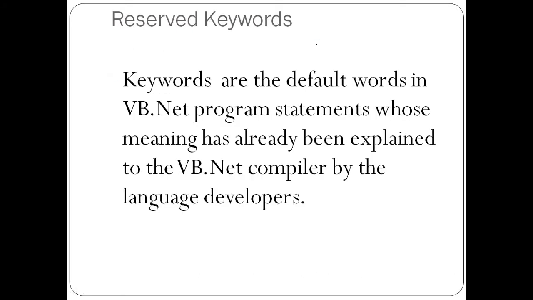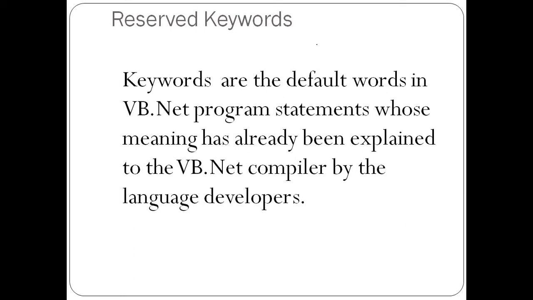The next concept we have is the reserved word. A reserved word is also called a keyword. Keywords are the default words in VB.NET program statements whose meaning has already been explained to the VB.NET compiler by the language developers. So reserved words or keywords are words which cannot be used as variable names. These words are created by VB.NET developers for VB.NET usage.